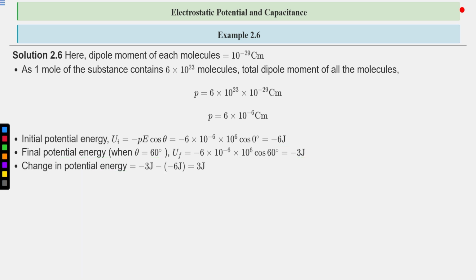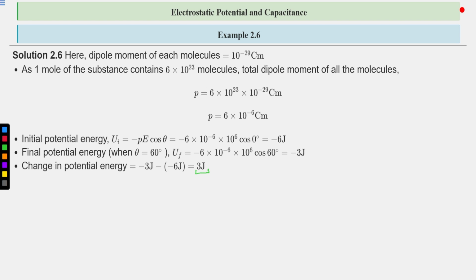So firstly we have to find change in potential energy. What is the change in potential energy? Initially it was minus 6 joule and final it was minus 3 joule, and change in energy is 3 joule. That 3 joule is energy absorbed when we suddenly change the direction of electric field.